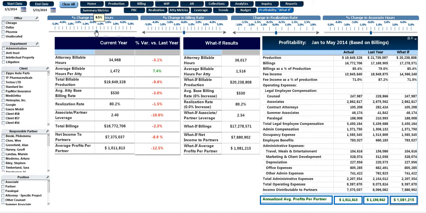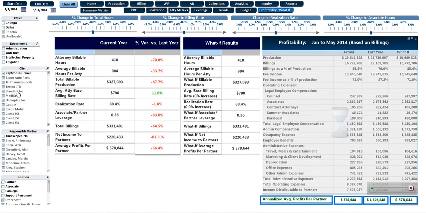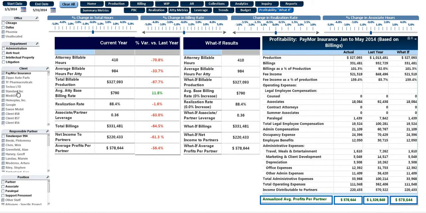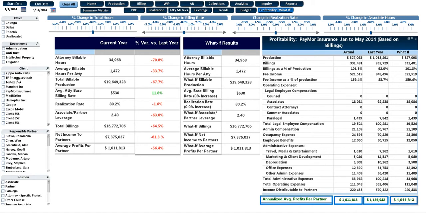The same what-if scenario can be applied to every dimension, whether office, practice group or department, client, or individual partner.